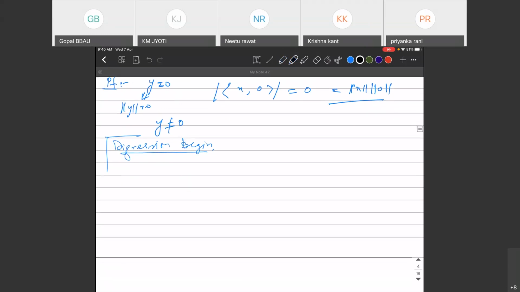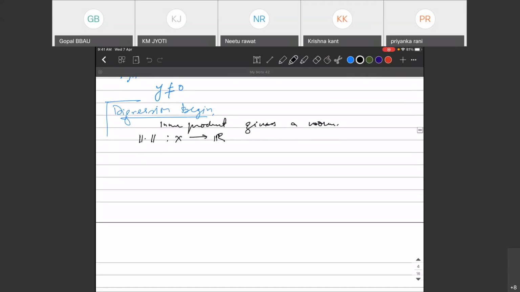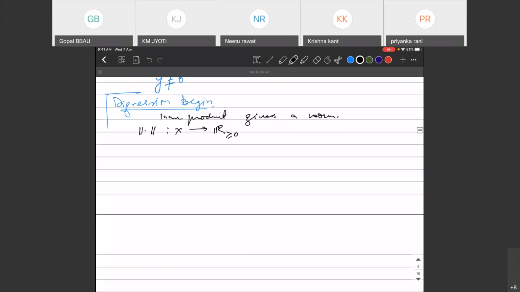What I told you is that an inner product space gives a norm. A norm is a function from X to R, in fact, R greater than or equal to 0.